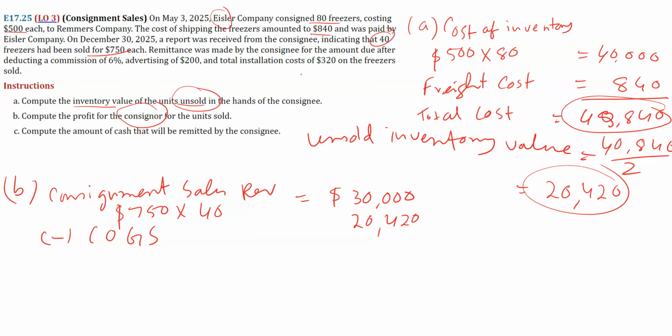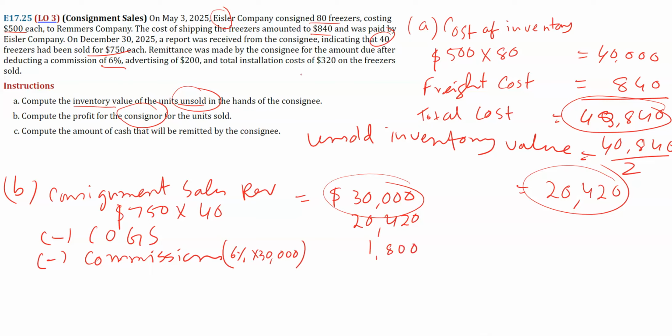Then we have to pay the commissions to the consignee, and commissions will be 6% based on the sales revenue. So you have to subtract the commission to the consignee. Commissions, which is 6% on 30,000, the total sales revenues they made, is 1,800. You can use a minus sign or brackets.